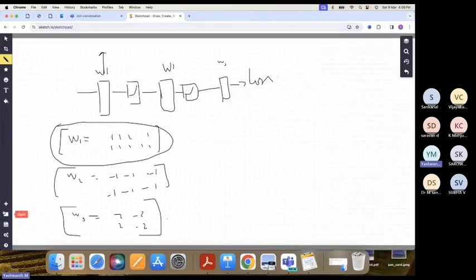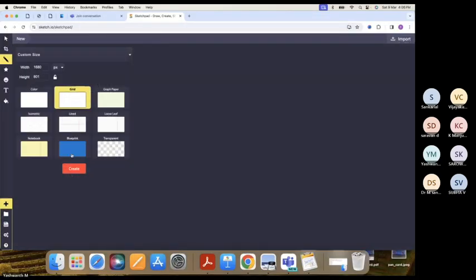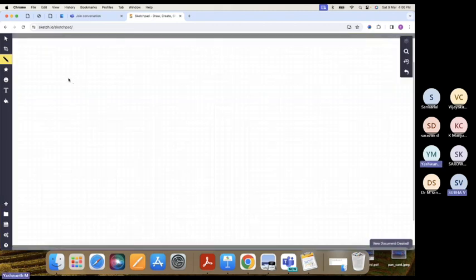Okay. So what is batch normalization, right? I'll take a single neural network.